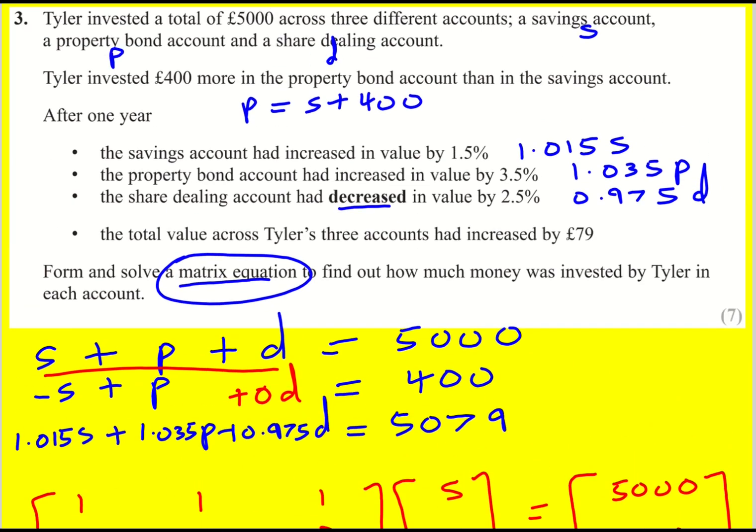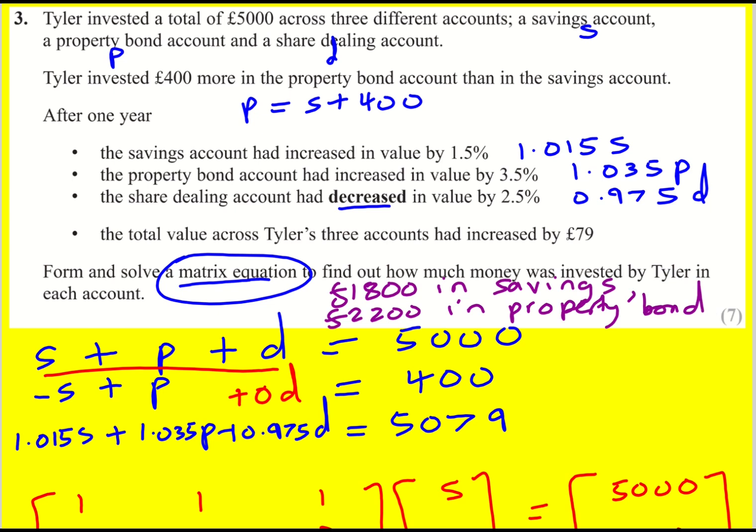Now, just to finish, I would write that in words. I think I'd say 1,800 in savings, 2,200 in property bond.